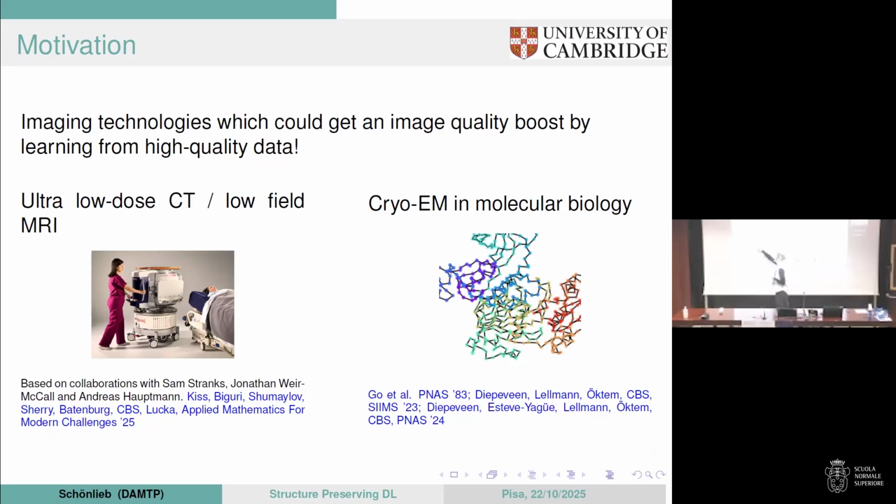And the other one is ultra-low dose CT, which we started thinking about with clinical collaborators, Jonathan Weir-McCall and Ebis Sala, from Cambridge, and Sam Stranks, who is in chemical engineering, thinking about how far you can lower the X-ray dose in CT and still produce images which are diagnostically interesting.